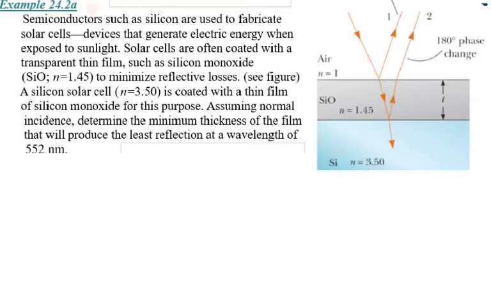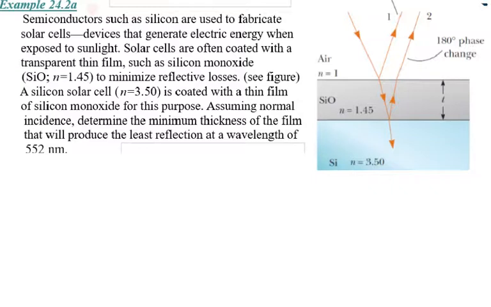Okay, so assuming normal incidence, determine the minimum thickness of the thin film that will produce the least reflection of the wavelength of 552 nanometers. We want minimum reflection, so we want the light not to be reflected.